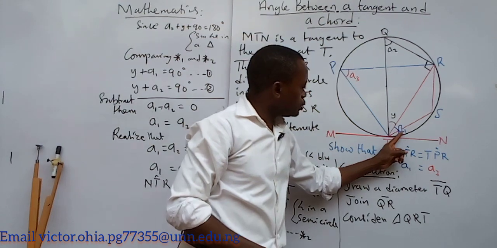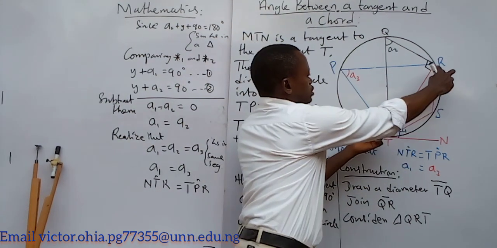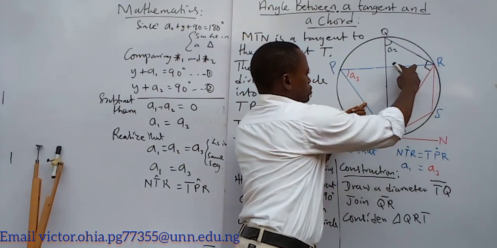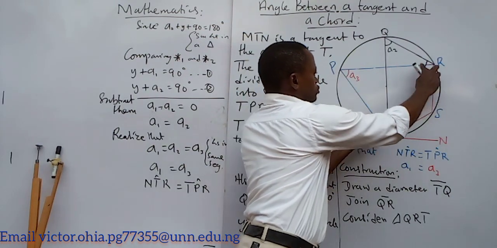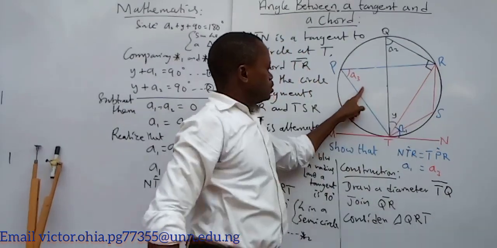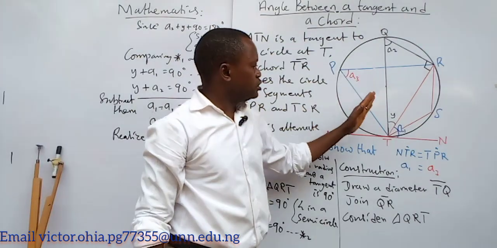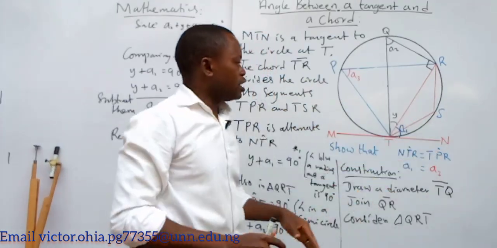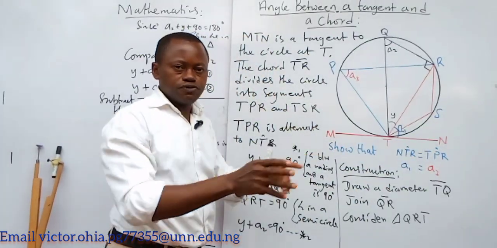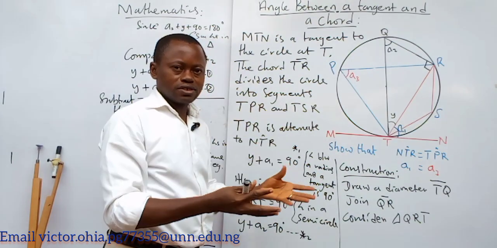This angle A1 is lying here. That is equal to the angle in the alternate segment. From that chord, there is an angle in the alternate segment that they are equal. Now, I'm going to take it a little bit further. Please, exercise patience. This is knowledge we are researching here.